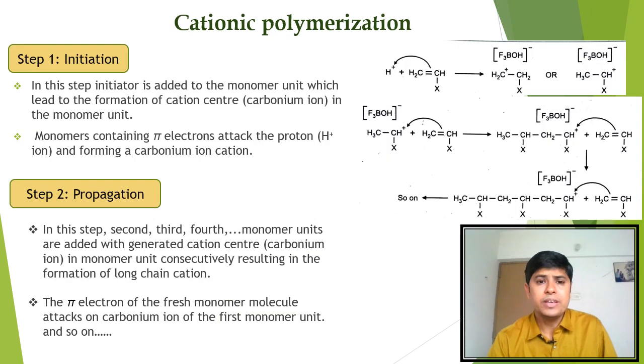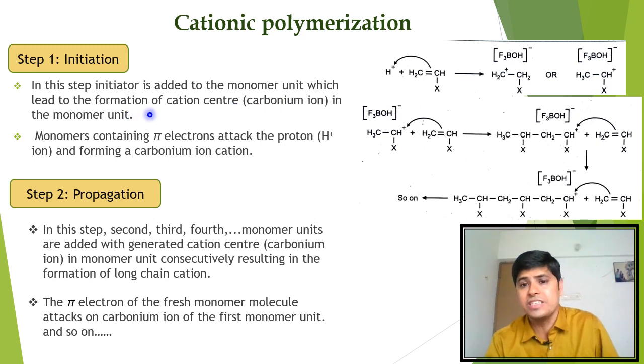In this step, the initiator is added to the monomer unit, which leads to the formation of a cation center. The initiator, H plus, is added to the monomer unit to form the cation center.